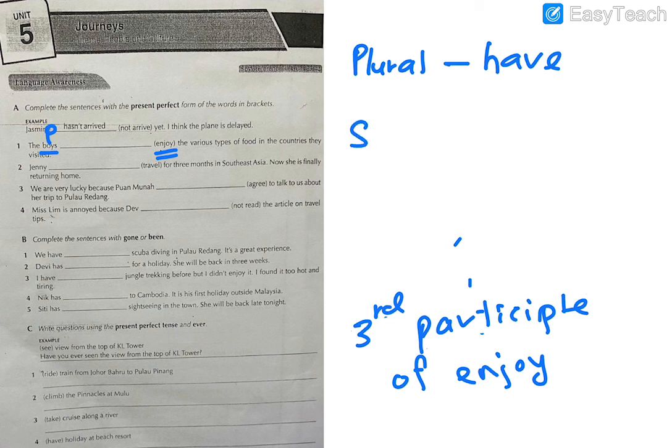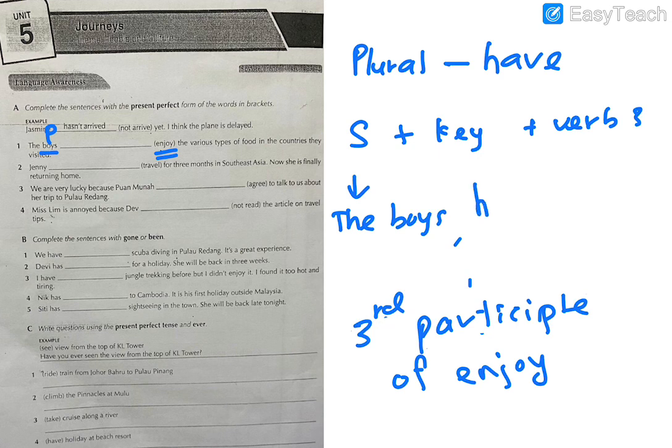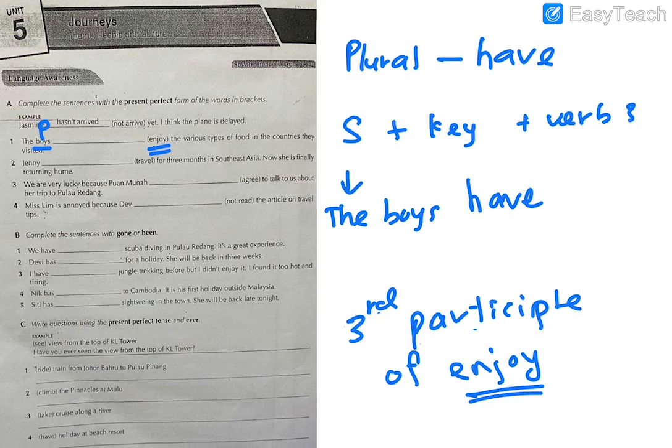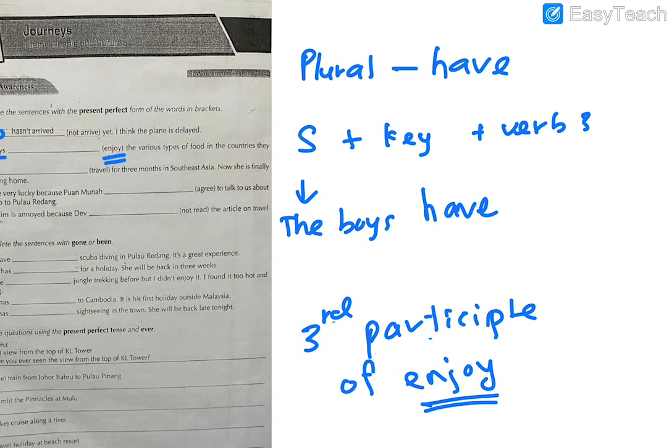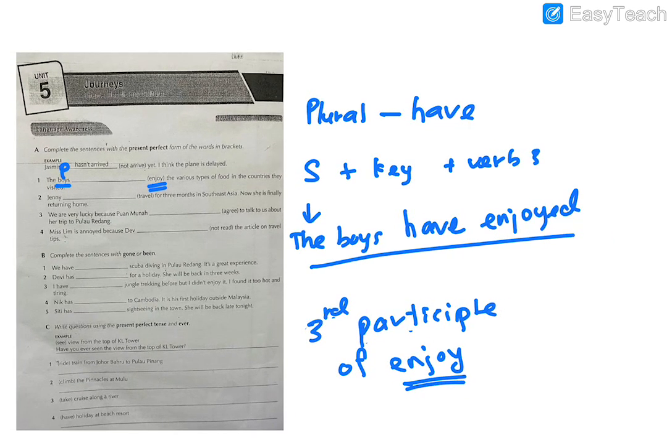You already have your subject, you have your key, and you have your verb. So your subject is the boys. Your key would be have, because it is plural. And the third participle of enjoy is adding ed. Have enjoyed. Okay, that is your answer. Now, use the notes and the tips that I gave you and try to answer the rest.